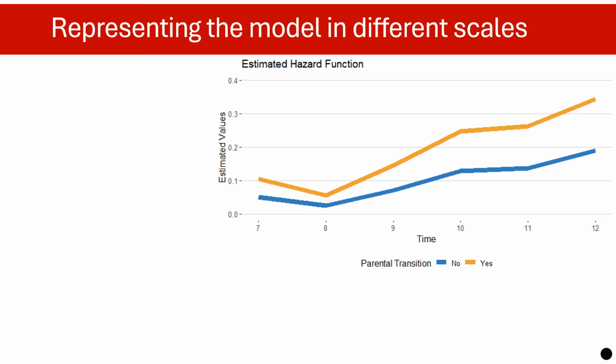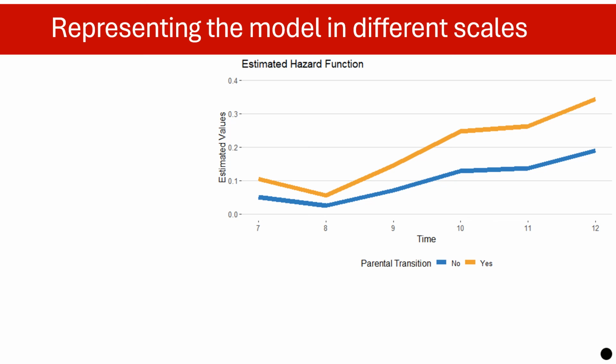This leads me to highlight the importance of exercising some caution when interpreting the results of survival analysis, and particularly when we consider results in different scales. For example, if we consider the estimated hazard functions from the model I have just fitted and plot them in a graph like this, we would notice an increasing gap between the event probability across the two groups.